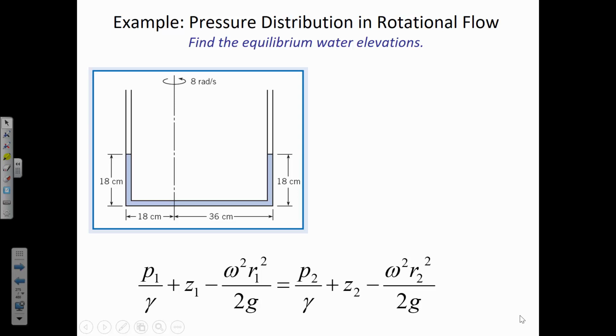So how would we say that? What would the equation be? 18 minus R1? Come on, help me out, guys. I'm standing up here improvising this. For every centimeter that it goes into this bottom leg, it's going to decrease the R1, but it's going to increase the elevation.